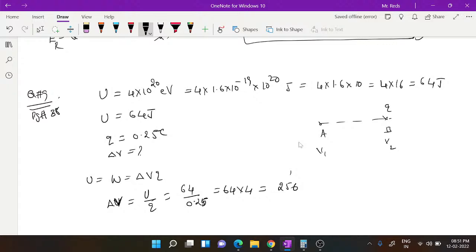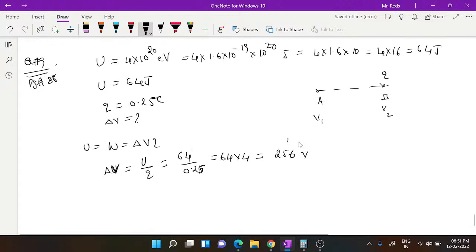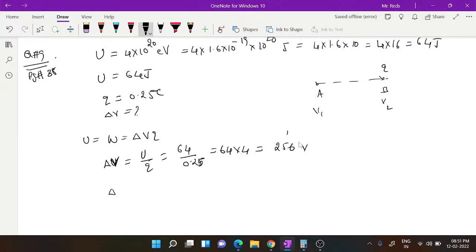The unit of potential difference is volts. Therefore, potential difference delta V is equal to 256 volts. There are no other 10 powers because the charge is given in coulombs only. If it were given in microcoulombs or something like that, you would have to be aware of this. So it will be 256 volts. That's it. Anything else?